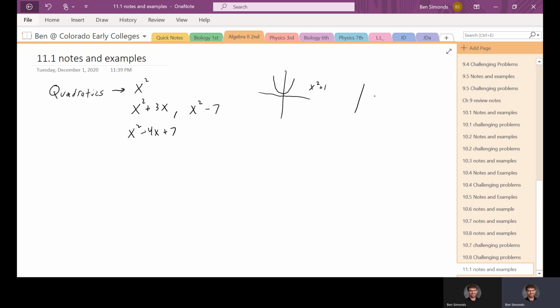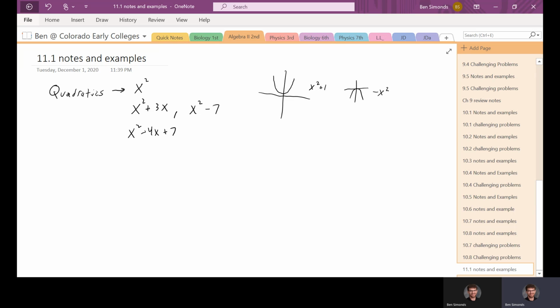In the case of negative x squared, there we go. That's a pretty good parabola. Negative x squared, it's going upside down, right? Because it's negative now.